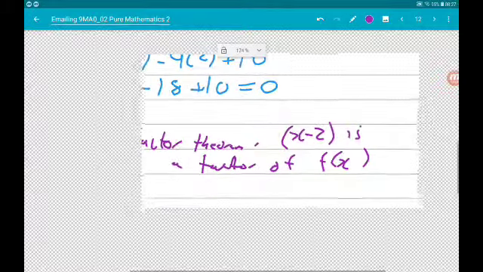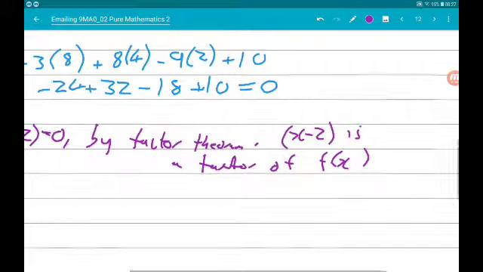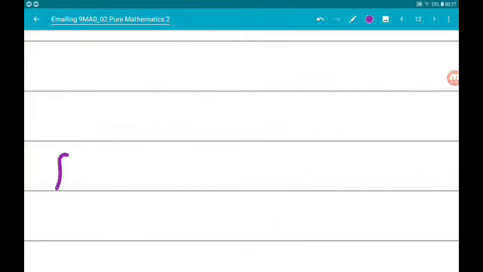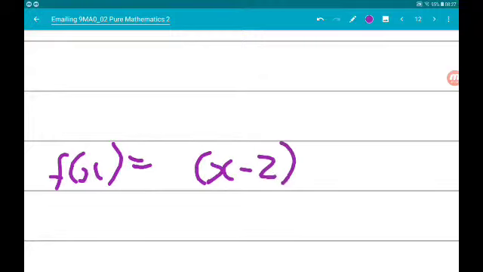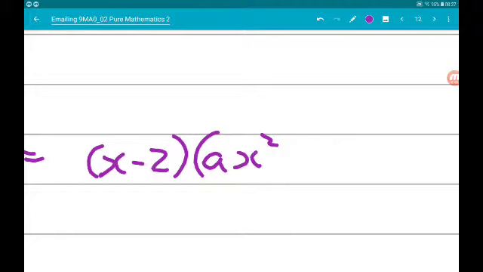So we know that f of x is cubic. So if we have a linear factor, that means there has to be a quadratic factor. So we could say f of x is equal to x minus 2 times ax squared add bx add c.